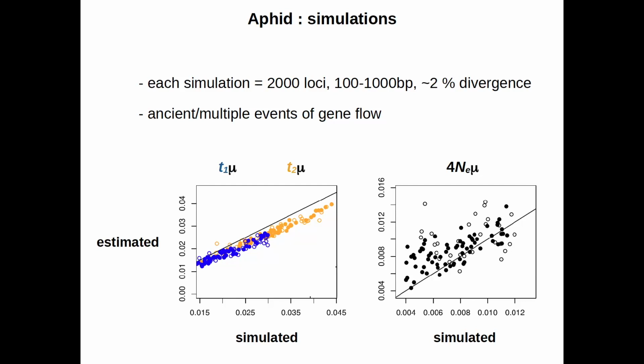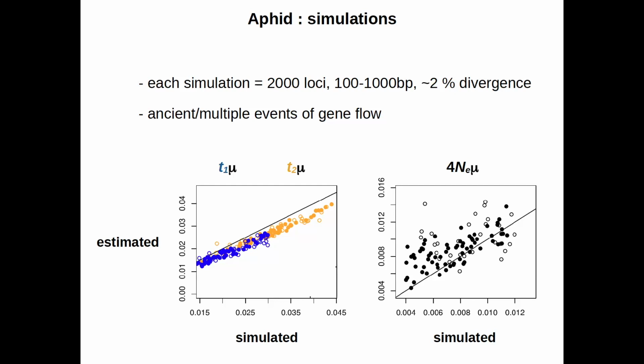In this simulation, the gene flow could happen at a constant rate across the whole phylogeny. So multiple events of gene flow were possible, and gene flow could be more ancient than T1, for instance. So the simulations depart from the model assumptions in several ways.